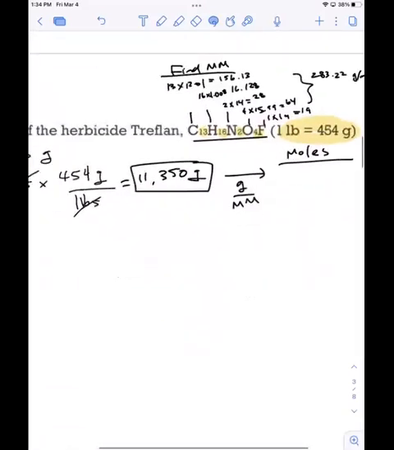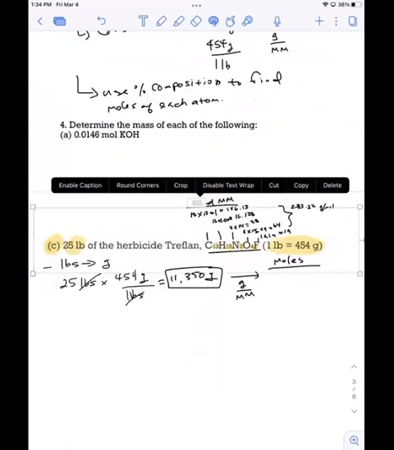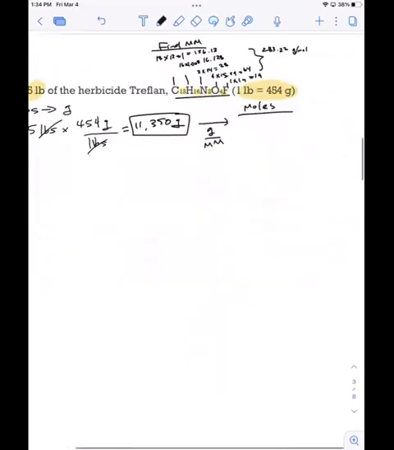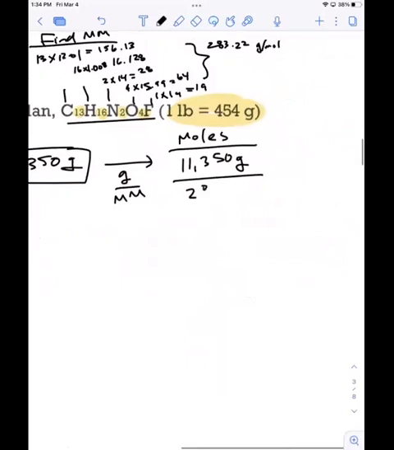We can take 11,350 grams divided by 283.22 grams per mole, and that's going to give us moles.